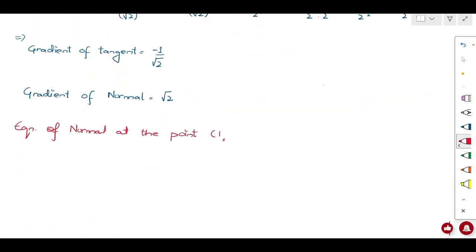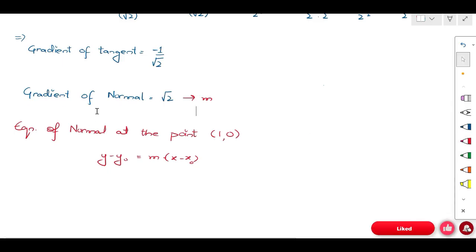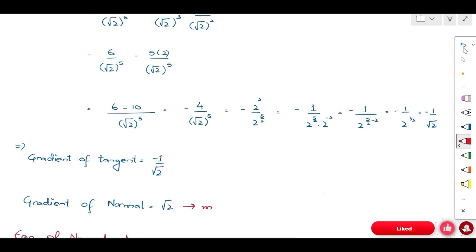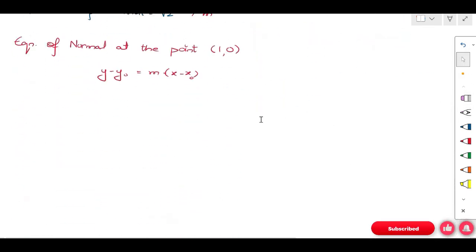X is 1 and the y value is 0. So the equation of normal is y minus y naught equals m into x minus x naught. So this is the value of m, the gradient of normal, right? This is the gradient of the curve, and the gradient of the curve is always equal to the gradient of tangent, right? And tangent is perpendicular to the normal.